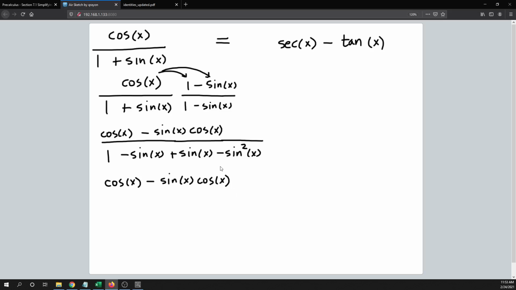First off, on the bottom part, I have minus 1 sine x plus positive 1 sine x, so these are going to cancel each other out. That's going to make the bottom part simpler. So the bottom part is going to be 1 minus sine squared x.